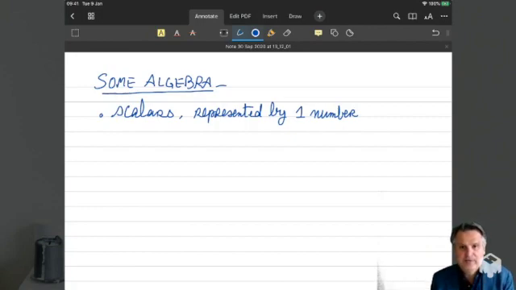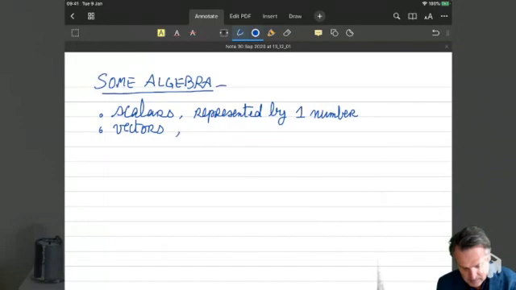Yeah, and that was fine for those physical concepts, but pretty soon, I guess in first year, you realized that that wasn't enough. There were some phenomena that you couldn't describe only with scalars, and we had to introduce what's called vectors. Originally, it was for the velocity.